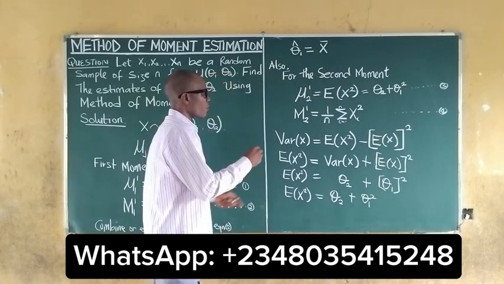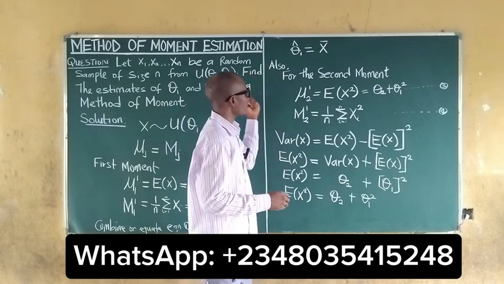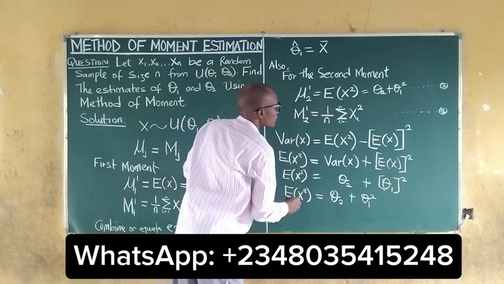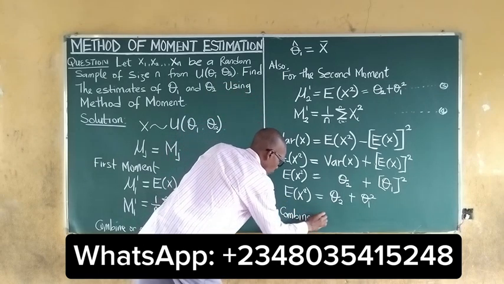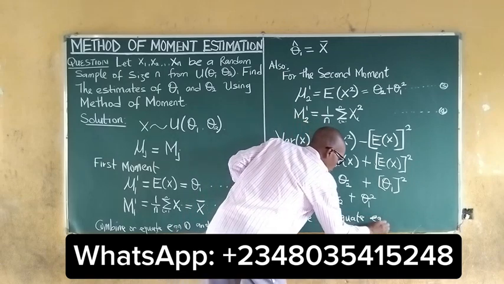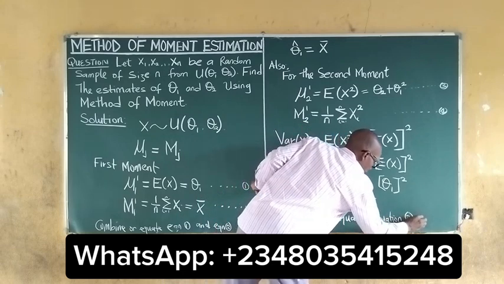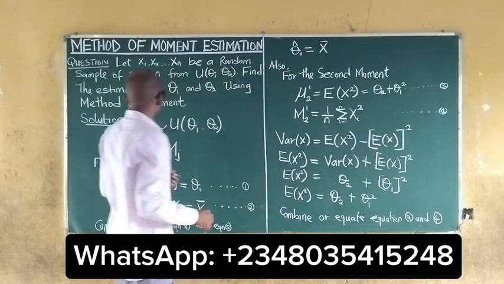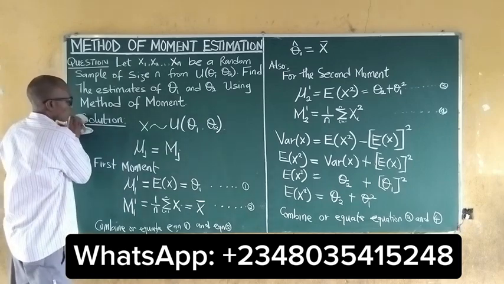So the next thing to do is to combine equation 3 and equation 4 to get the solution for the method of moments. We equate equation 3 and 4.